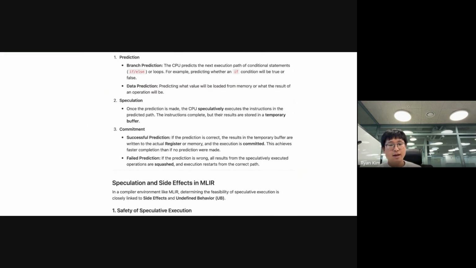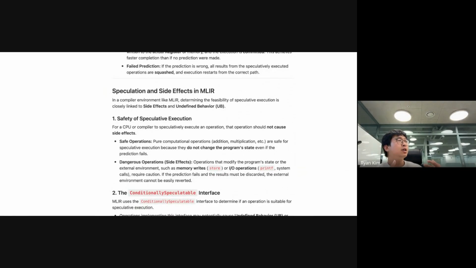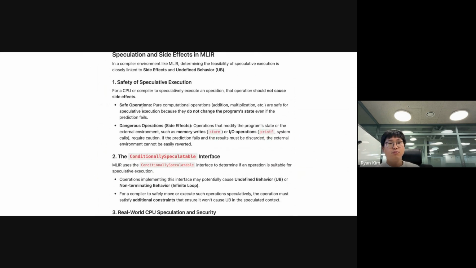But you cannot do speculative execution for every operation. If your operation has side effects, then you shouldn't. The operations that can safely do this are safe operations with no side effects, such as memory reads and writes or IO.